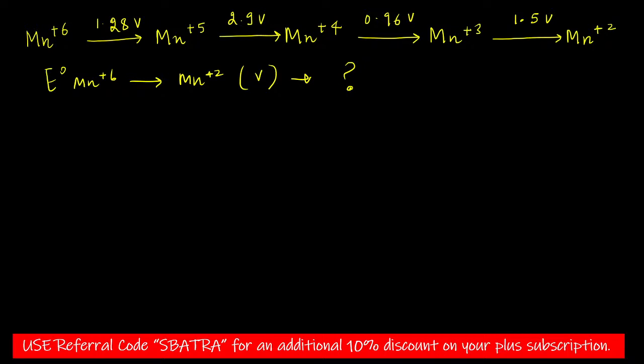See, it's a Latimer diagram given: Mn6+ to Mn5+, Mn5+ to 4+, 4+ to 3+, 3+ to 2+, and these are the corresponding E naught values given.